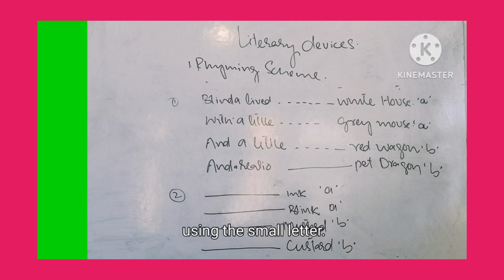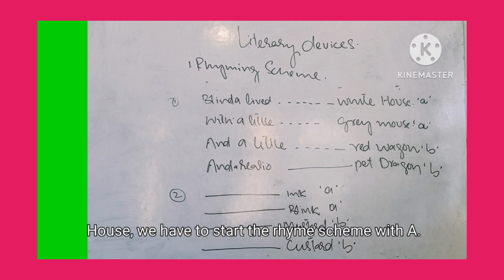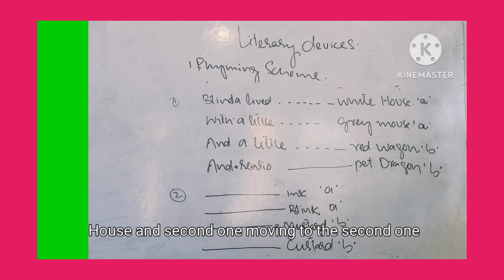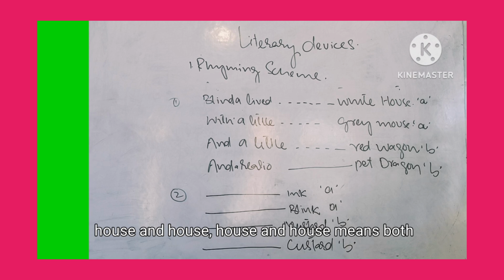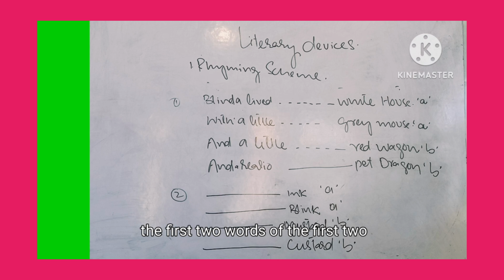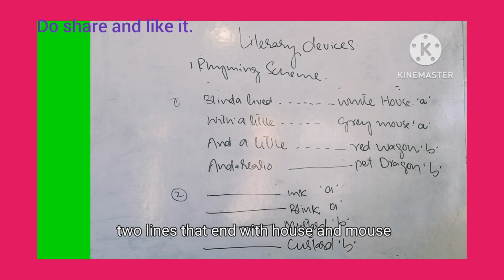House, we have to start the rhyme scheme with A. House, and moving to the second line, mouse. The first two lines end with house and mouse, and the rhyme scheme is the same.